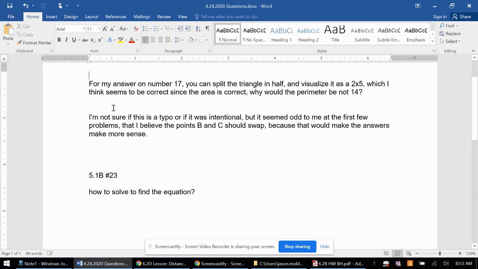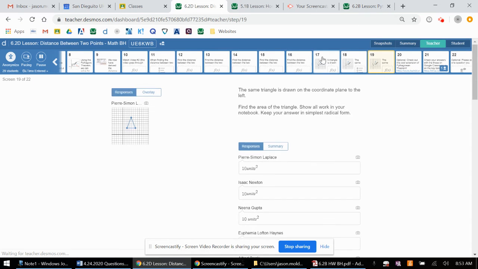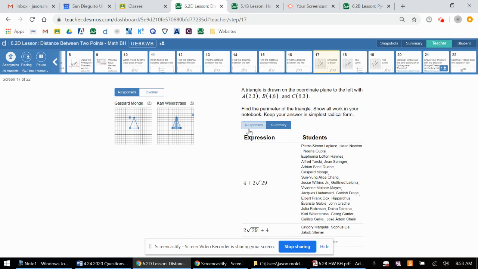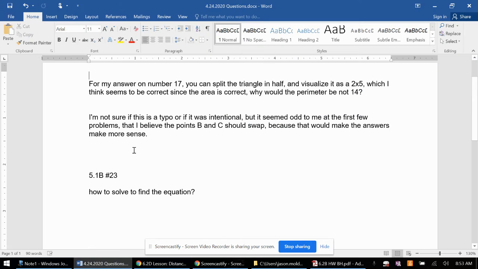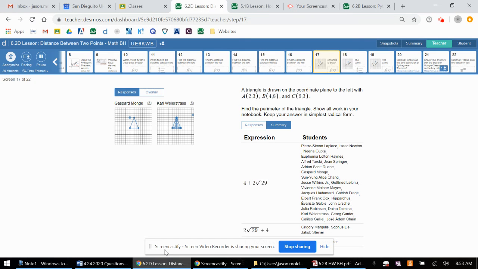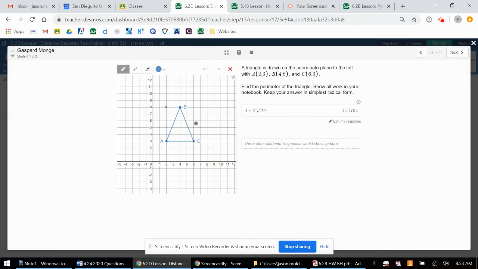Hopefully that was helpful. There was a question about this triangle and the distance formula and splitting it up. It was an interesting question. You can split the triangle in half and see it as a 2 by 5 triangle, and then I'm getting a perimeter of 14, which was not the answer that we actually want.